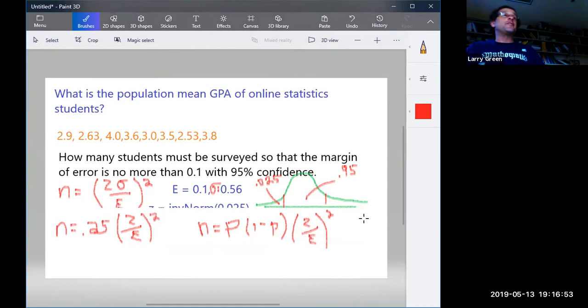Notice if your estimate was 50% or 0.5, you end up getting the 0.25. 0.5 times 0.5 is 0.25. 5 times 5 is 25. Okay, so this is for proportions.